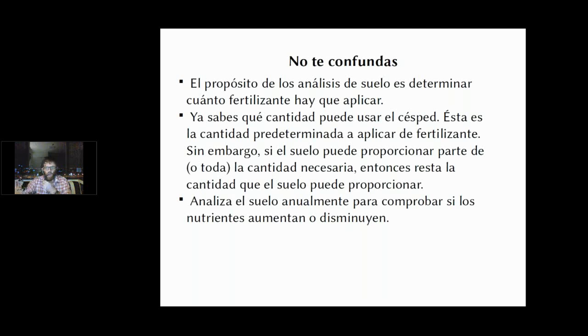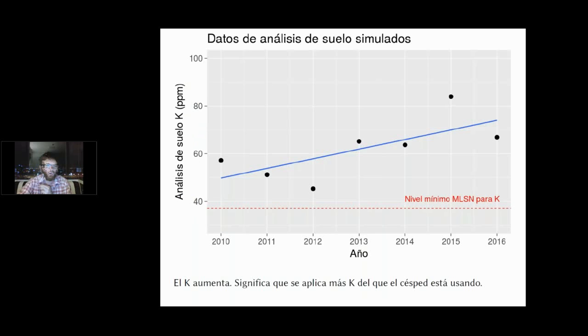So I'm going to show in the next couple of charts why we don't have to get that A value exactly right. Because if we analyze the soil every year, we can just check and see if the nutrients are going up or going down. So this is some simulated data for 7 years for potassium.